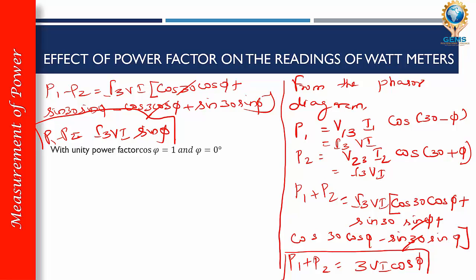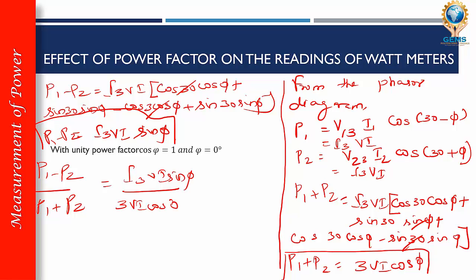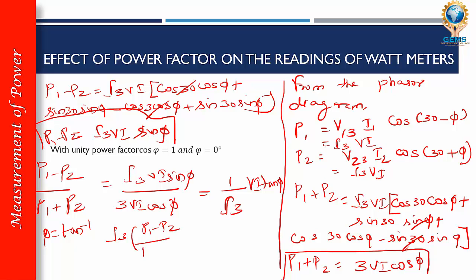So when we take the ratio of P1 minus P2 by P1 plus P2, I get root 3 VI sin phi divided by 3 VI cos phi, which is nothing but 1 by root 3 tan phi, or phi is equal to tan inverse of root 3 into P1 minus P2 divided by P1 plus P2.